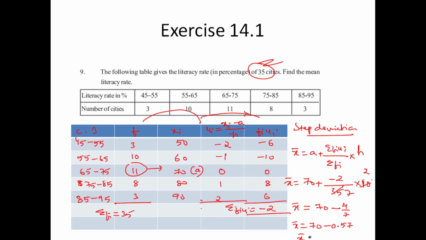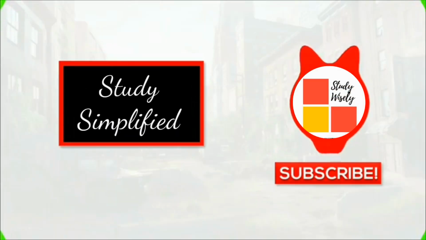So x bar is equal to 69.4%, which is your required answer, as the literacy rate is given in percent only.